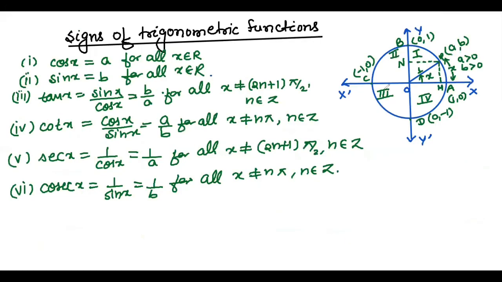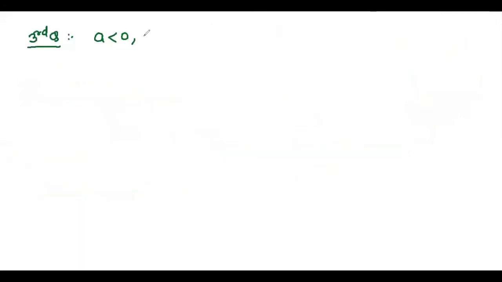So a is less than 0 and b is also less than 0 in the third quadrant. So according to that, we can write here cos x equals a, that is less than 0. Then sin x equals b, that is less than 0.